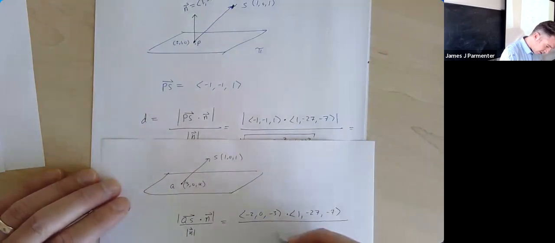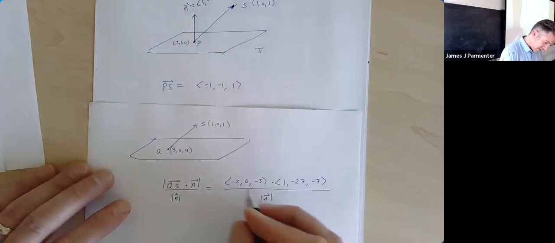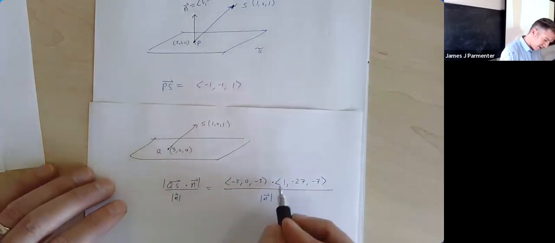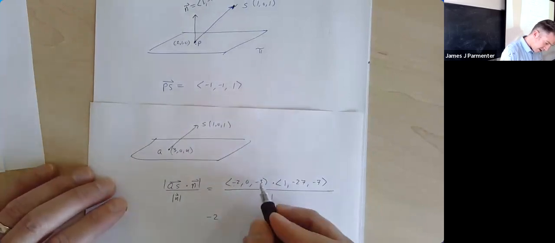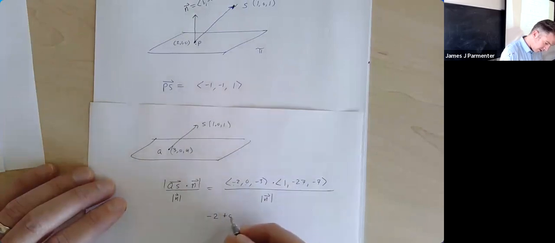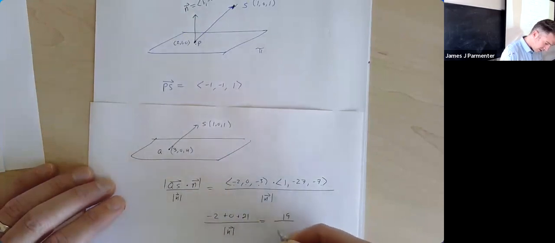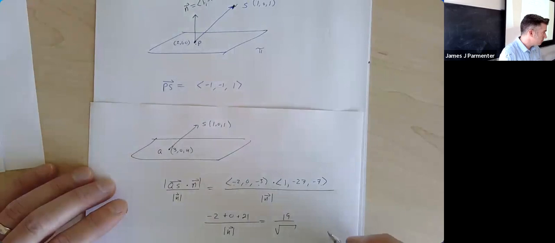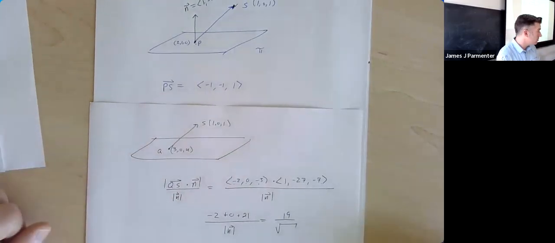On top I'm going to get negative 2 times 1 is negative 2, then 0 times negative 27 is 0, and negative 3 times negative 7 is positive 21. So we still end up getting 19 over the square root of the whatever it was. It works whichever point you use, as it should.